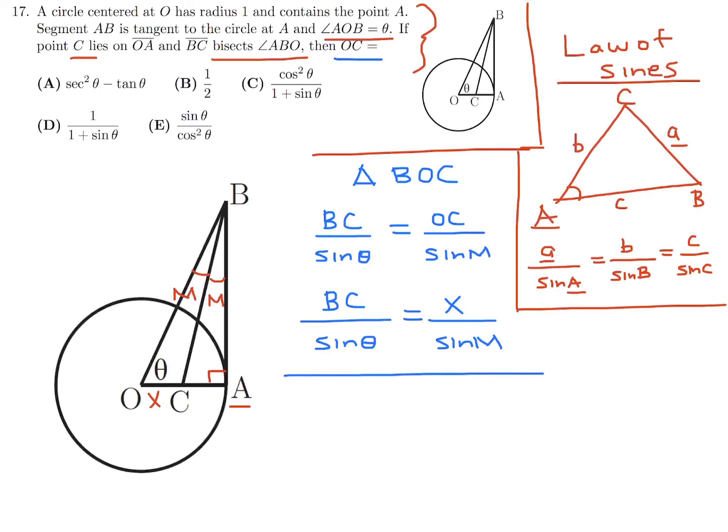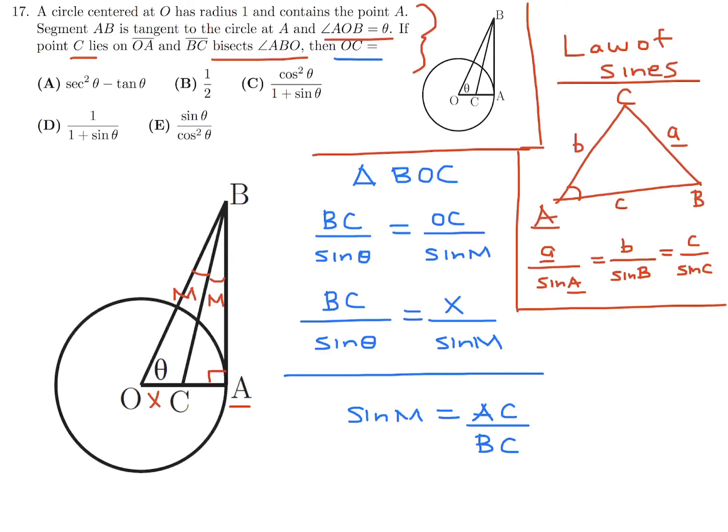Now the next step is looking at this triangle right here, BCA. In that triangle, we'll be able to get a relationship with BC using this angle m. The sine of m is equal to AC over BC. Correct?